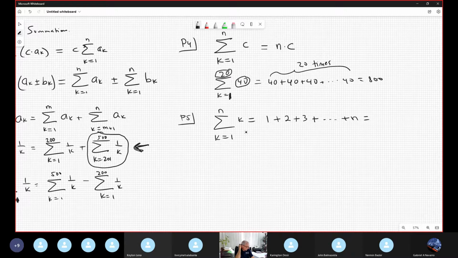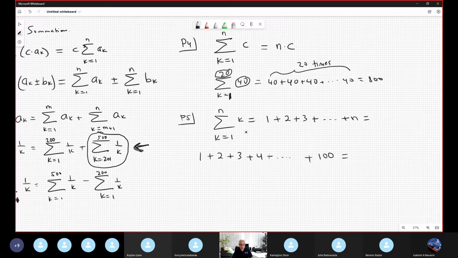This is one famous problem. Euler was a mathematician, the best mathematician in history. When he was in elementary school, the teacher put this problem to the students: 1 plus 2 plus 3 plus 4 and so on up to 100.